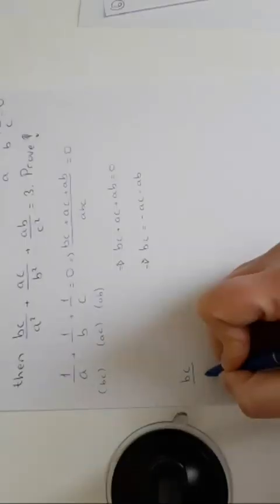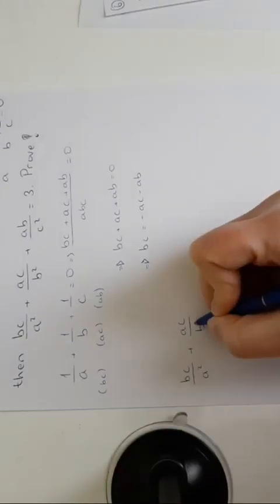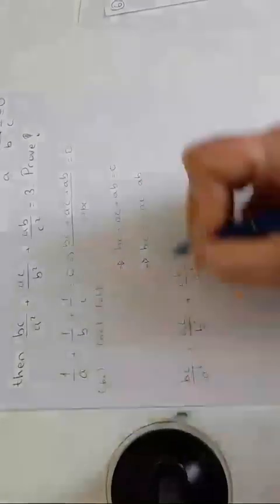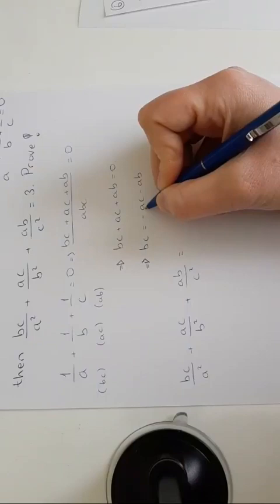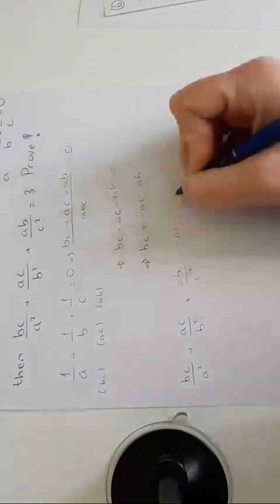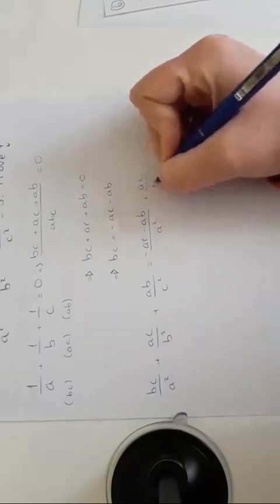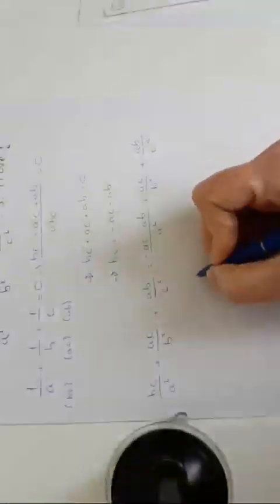So instead of BC, in the expression I will write minus AC minus AB, over A squared, plus AC over B squared plus AB over C squared.